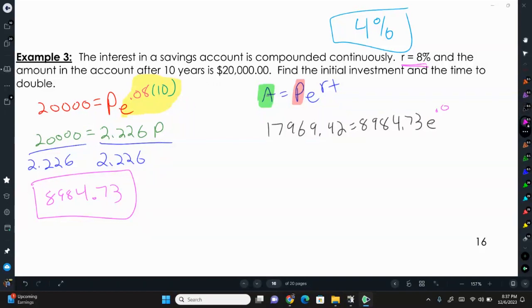R is still 0.08. We don't know what t is.